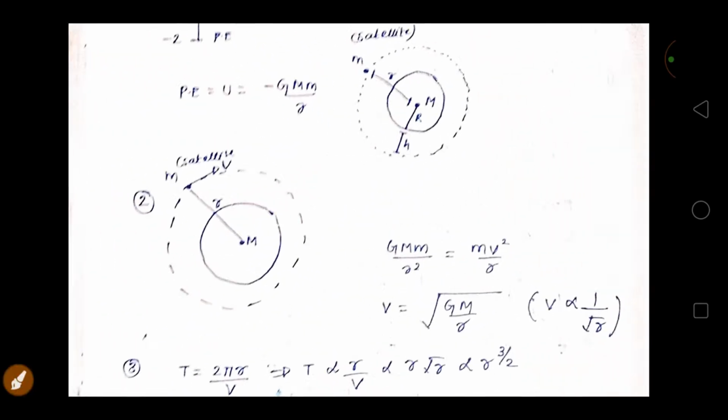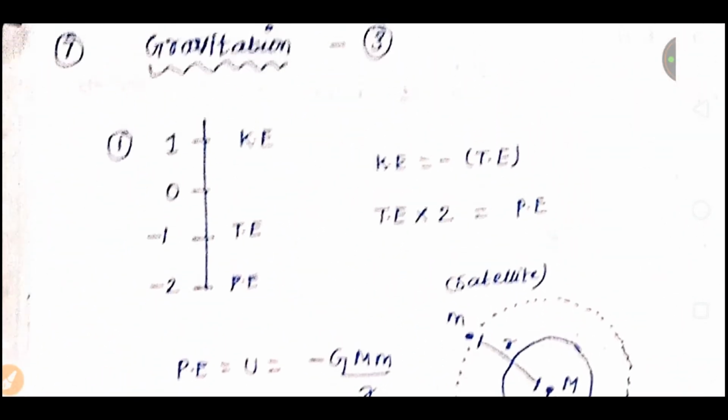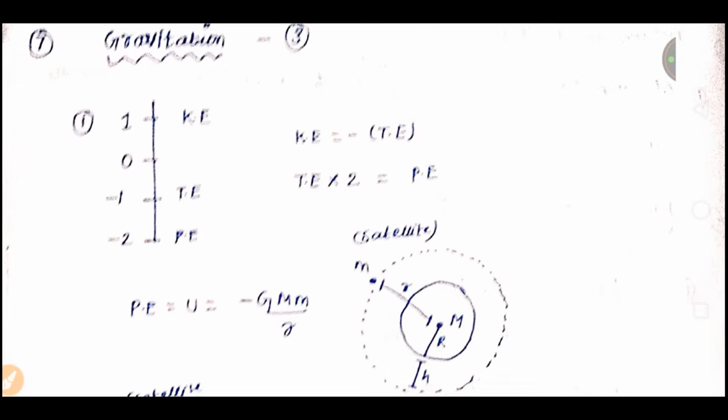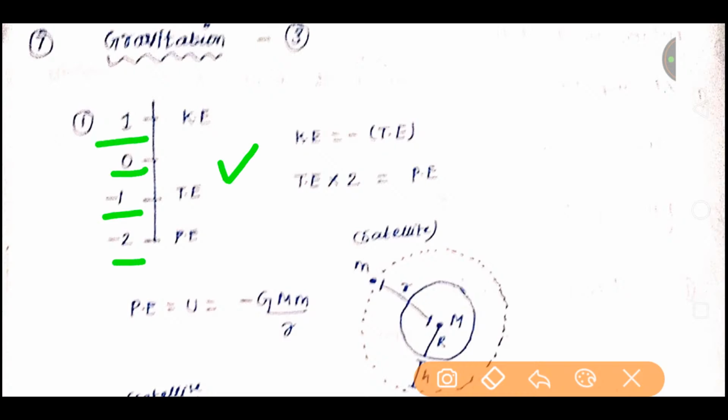Next, gravitation. Huge questions are asked, 3 questions. For gravitation, I suggest you remember this scale: 1, 0, -1, -2. 1 means assume kinetic energy, -1 means total energy, -2 means potential energy. So what can we say?